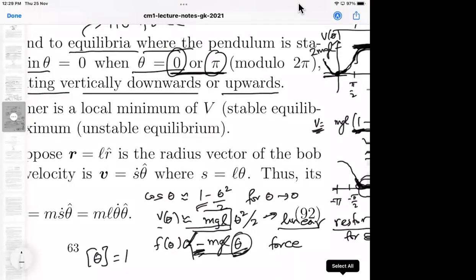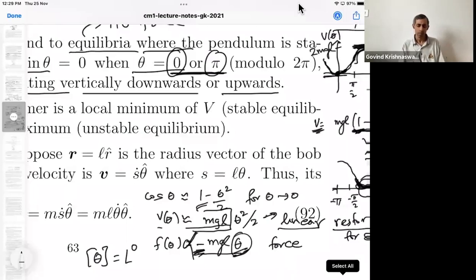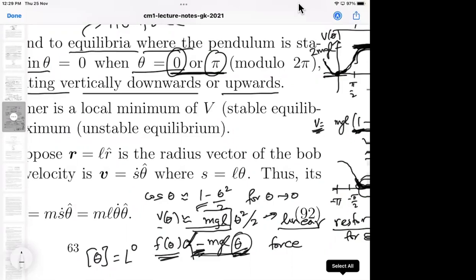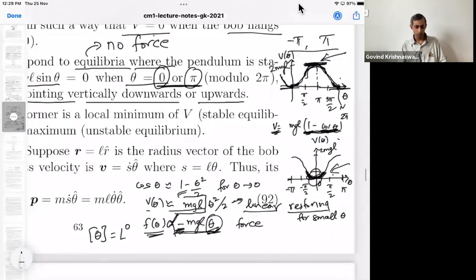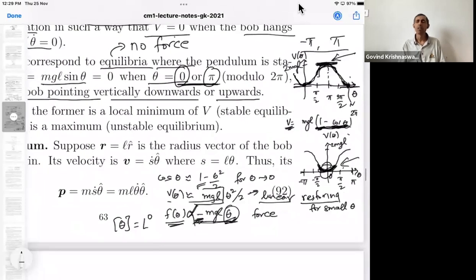Dimensionless. Correct. Yes, Adarsh. So no wonder I didn't get a force. If I differentiate with respect to a dimensionless variable, I will not get something which has dimensions of force. So that was the problem. So strictly speaking, this is not a physical force. It's not completely wrong either. It's a kind of angular version of the force.